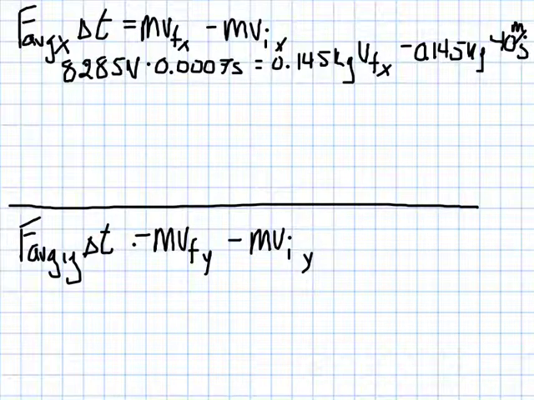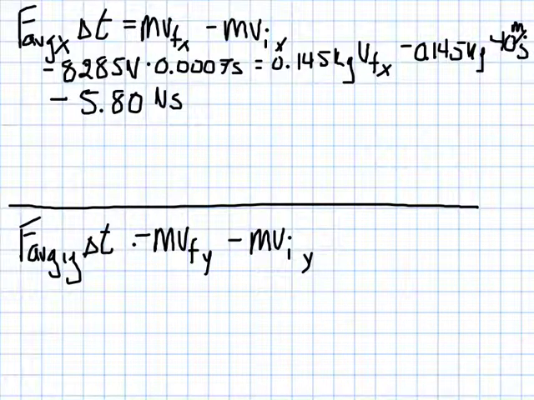If I put these in my calculator, I get that the impulse side, oh, and you know what I forgot? I forgot a negative sign. That's going to be kind of important. The impulse side here turns out to be a negative 5.80 newton seconds.